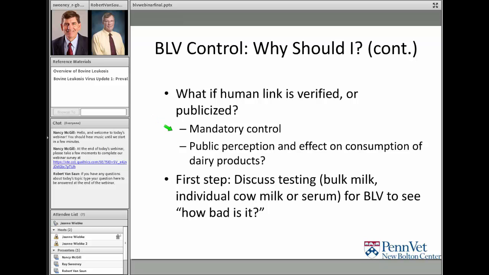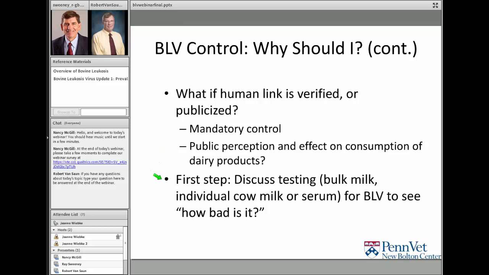You could even end up in a situation where you have mandatory control, but even if control isn't mandatory, the public perception and the effect on consumption of dairy products, just think about what happened in England with the mad cow scare. This could be a strong incentive to begin now thinking about reducing the prevalence of infection on your farm, just so that if this does break, you'll be in a better position to eradicate.